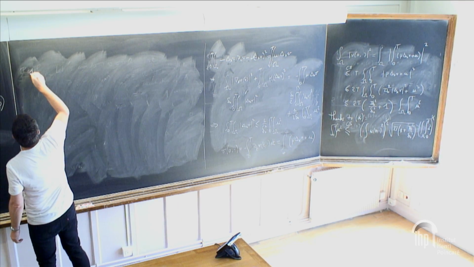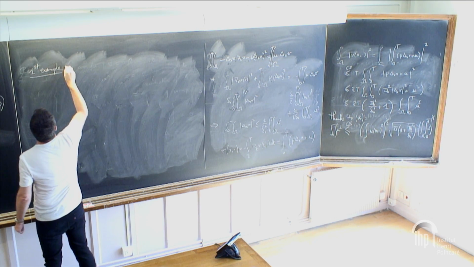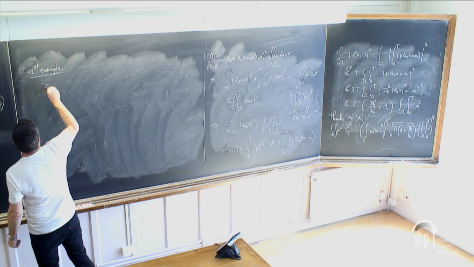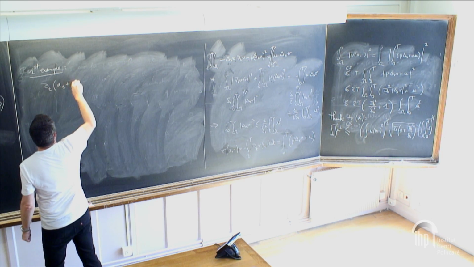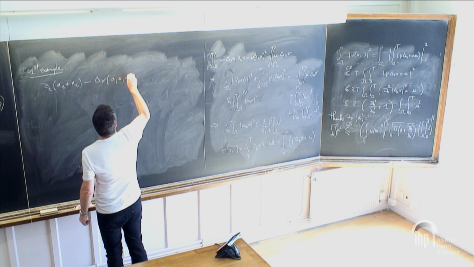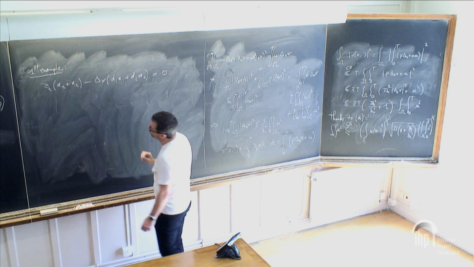Let's look, for example, at the first example. If you look at the local conservation law, you know that dt of a1 plus a2 minus Laplacian of d1 a1 plus d2 a2 is equal to 0.